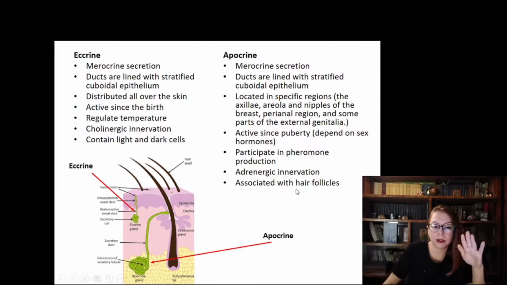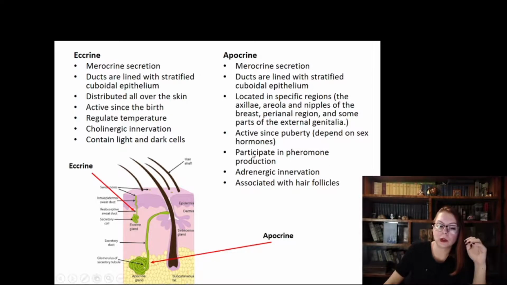Okay, we'll talk about it a little bit later, but to complete the comparison, we have to say that they are activated at puberty by sex hormones. So if eccrine sweat glands work since birth, then apocrine glands are activated only at puberty. And they are under adrenergic innervation, so they are activated under stress conditions.